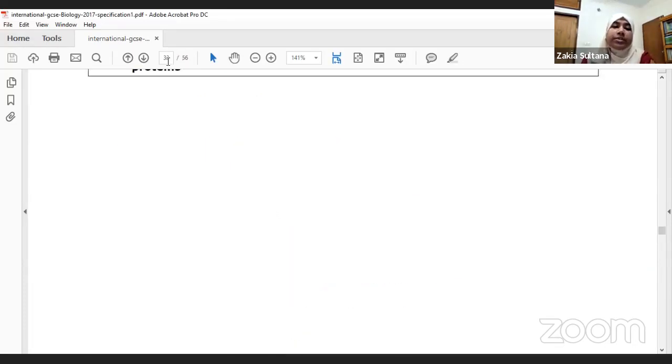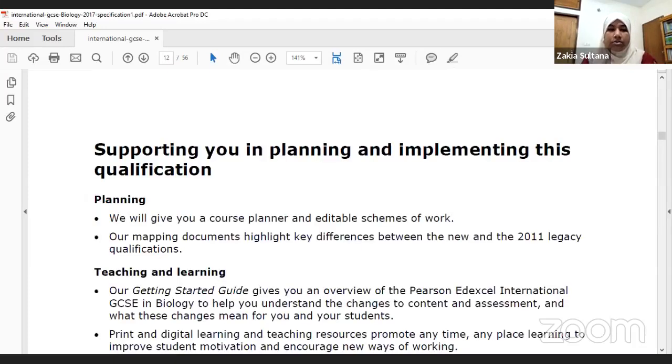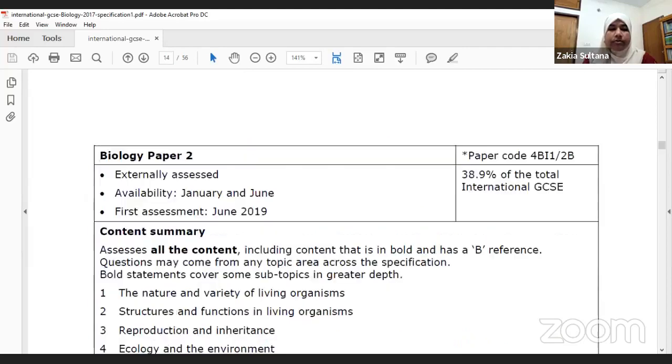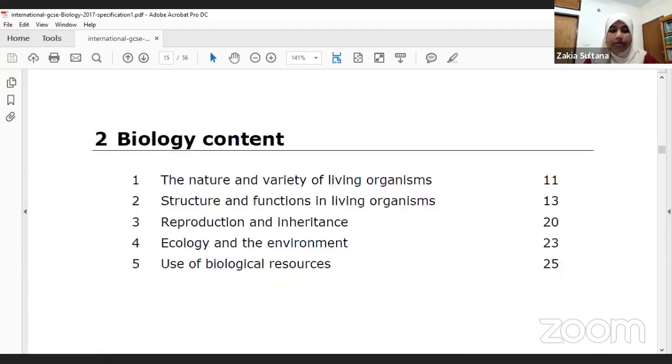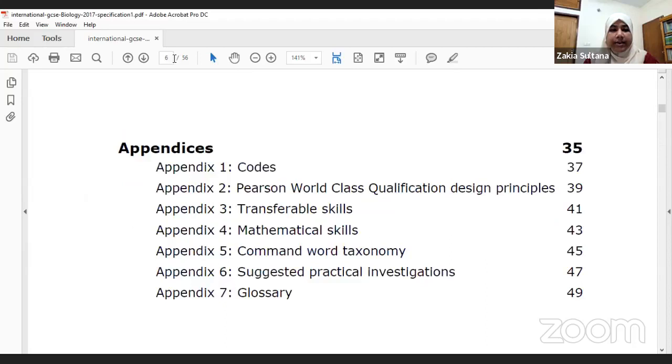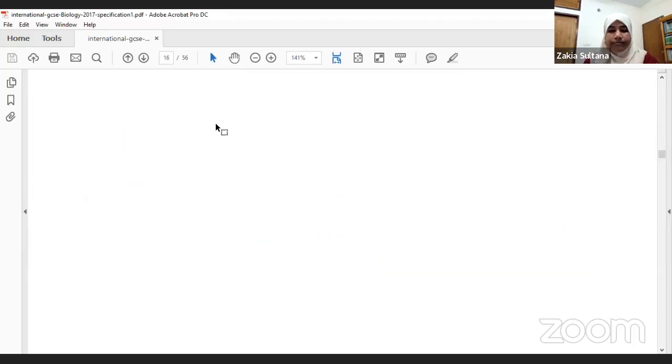So we started, I guess, from page 12? No. It started basically from page 16 or 17.